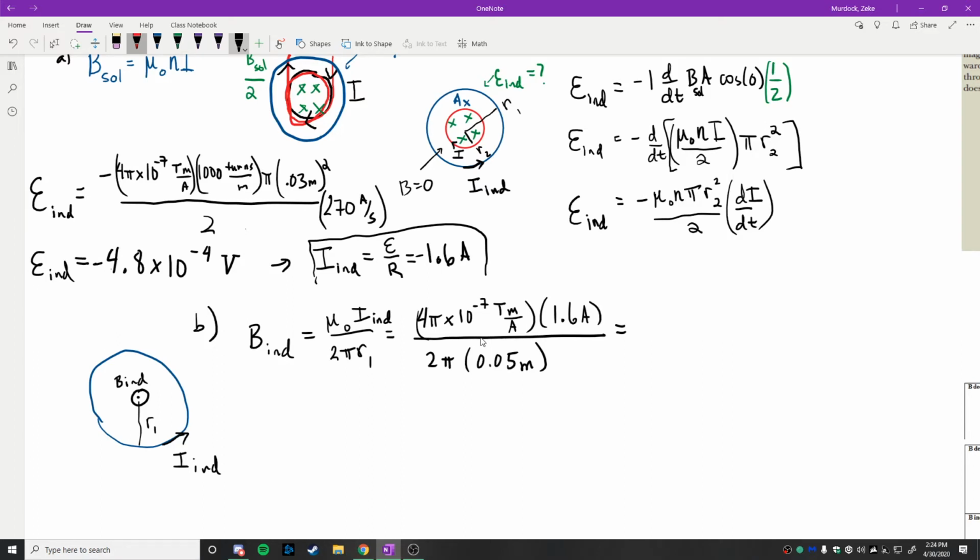What's this going to be? 0.05. It's like 1 over 20, so times 20. I feel like it's going to be like 64 something. Probably like this. I don't know. What do you guys get if you calculate that?